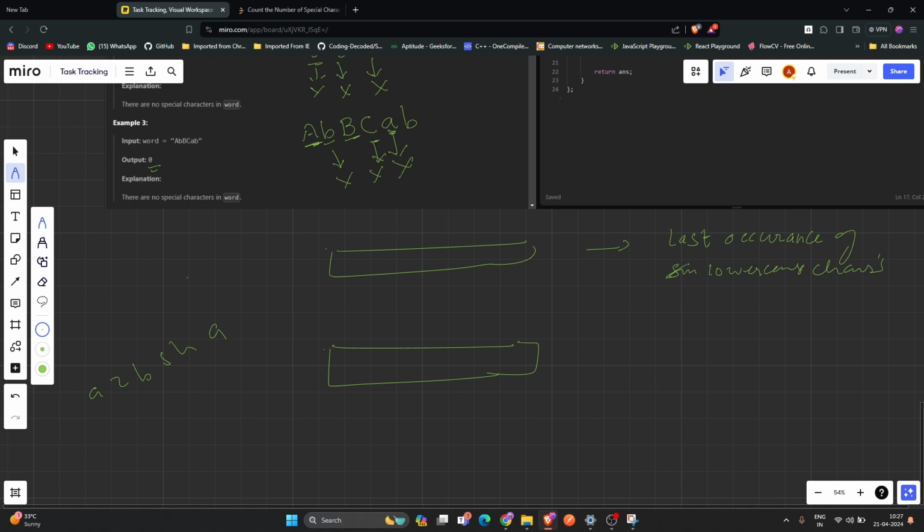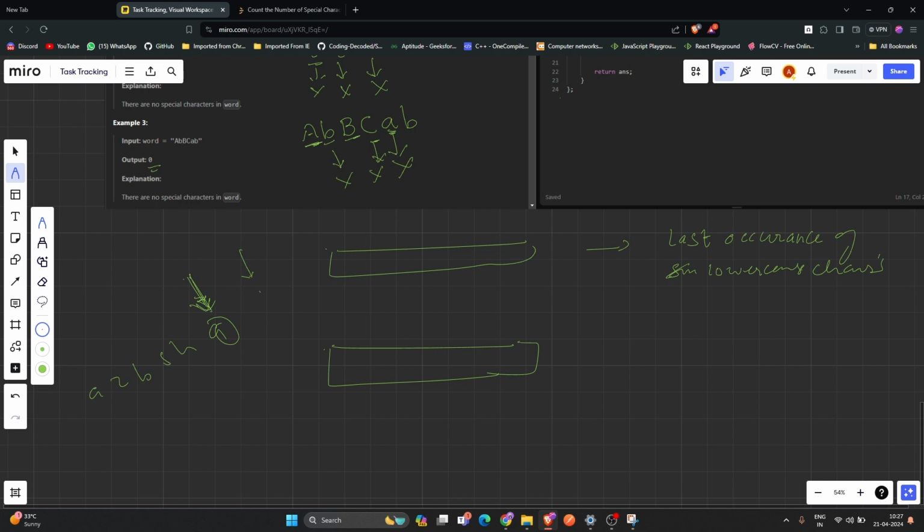If I am noting down the last occurrence of A, then, since the question says all occurrences of A must be before its uppercase character, if I know the last occurrence of small a, that means I know where every a is. In this index I have my small a.